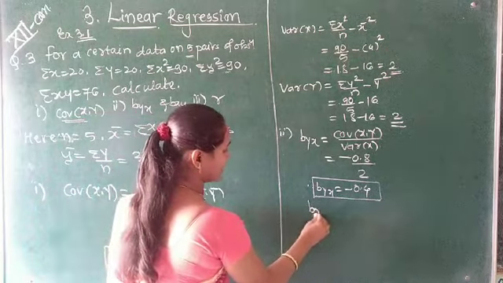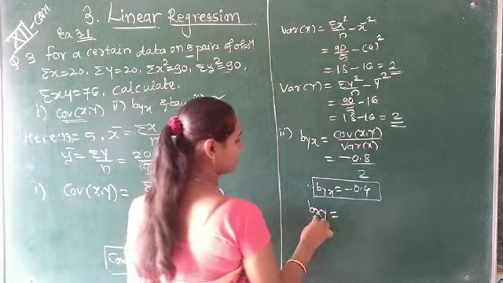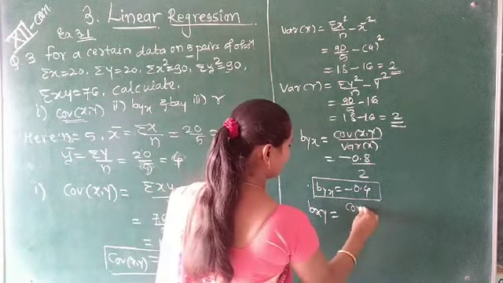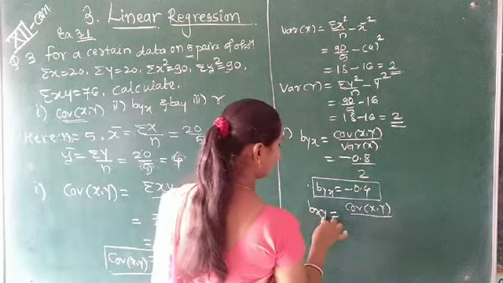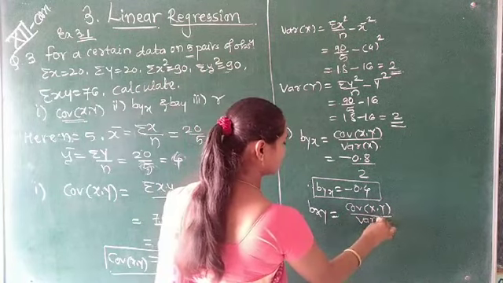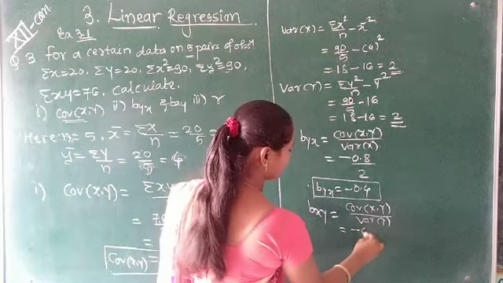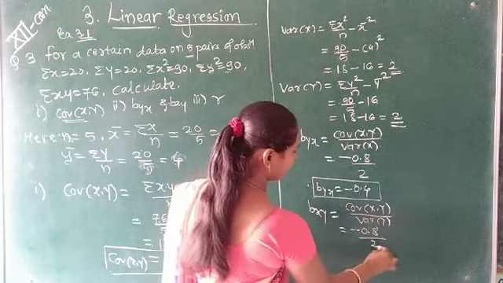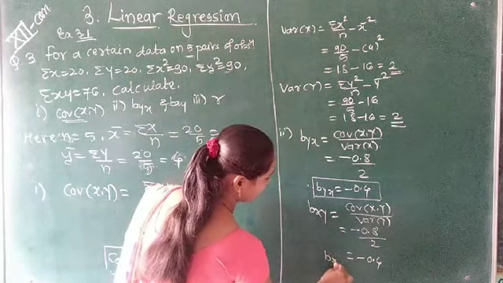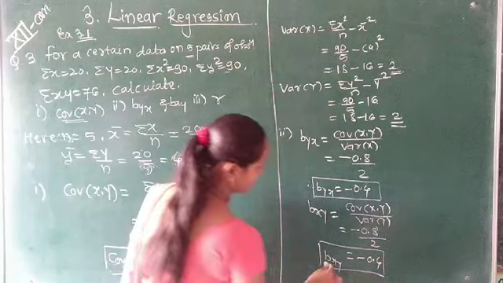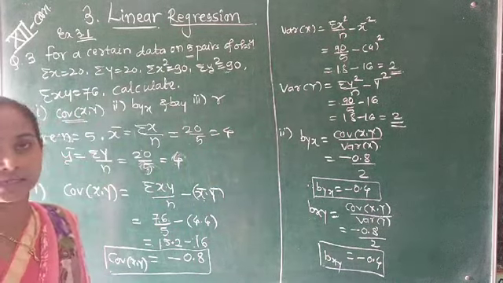Also find bxy, the regression coefficient of x on y: covariance of xy divided by the variance of y. The covariance is minus 0.8 and the variance of y is again 2. So it is again minus 0.4. The regression coefficient of x on y is also minus 0.4.